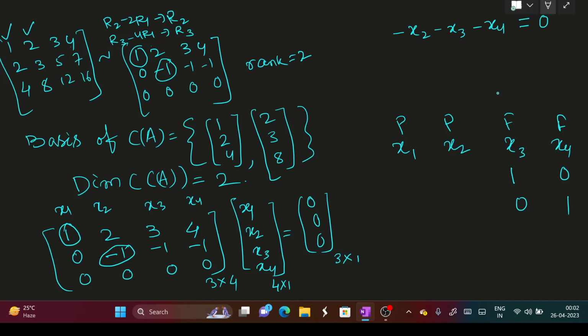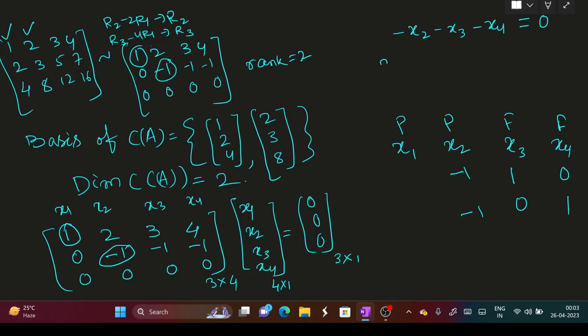Here first x3 is 1 and x4 is 0, so minus x2 equals x3, so x2 is minus 1. For the next assignment, x3 is 0 and x4 is 1, and still x2 is minus 1, because the coefficients are the same.